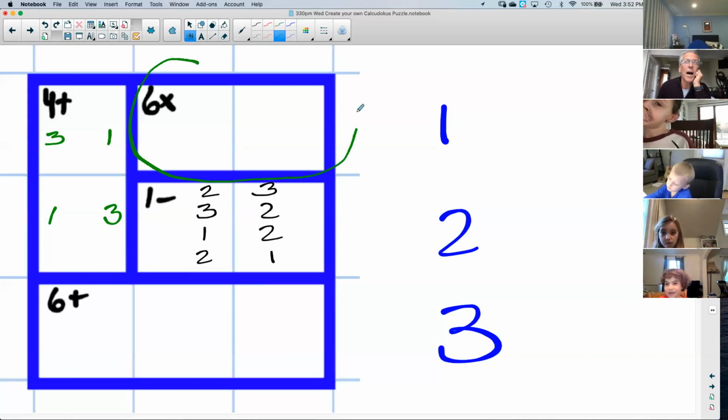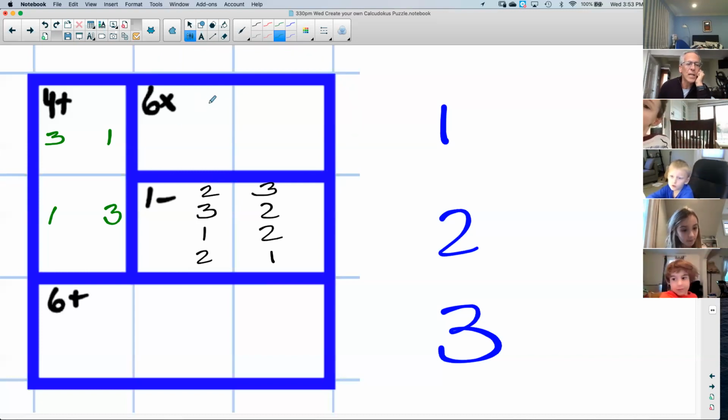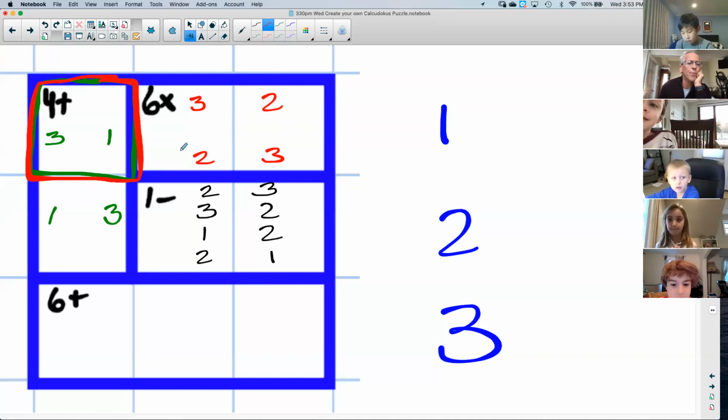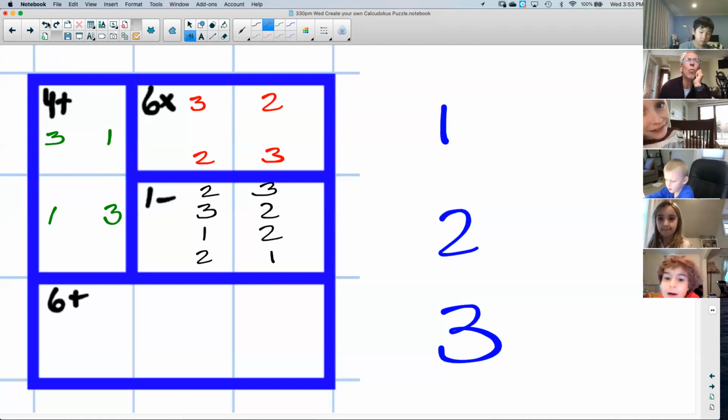Let's do the 6 times. What are the only 2 numbers of combination that can work with the 6 times? 2 and 3. Oh boy, everybody look at this. It's either 2 and 3 or 3 and 2. So guess what? Don't we know what this square has to be? Doesn't that square have to be a number other than 2 and 3? 1. Guess what? It's got to be a 1.